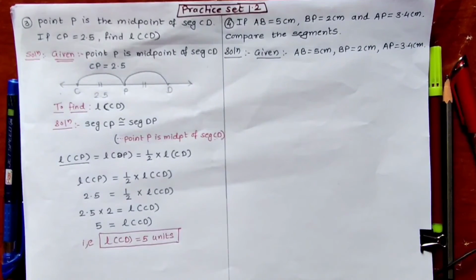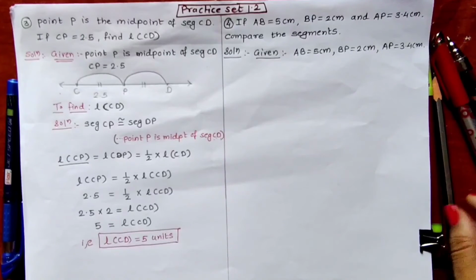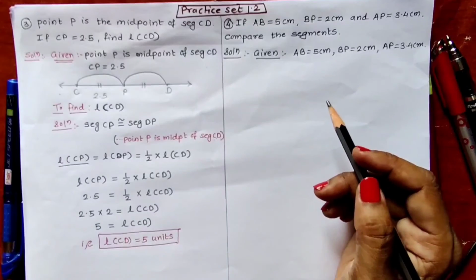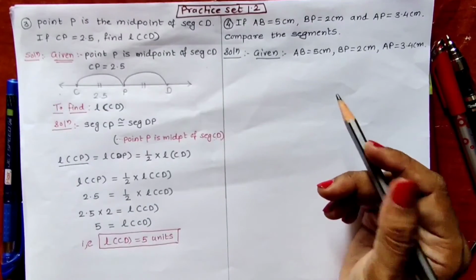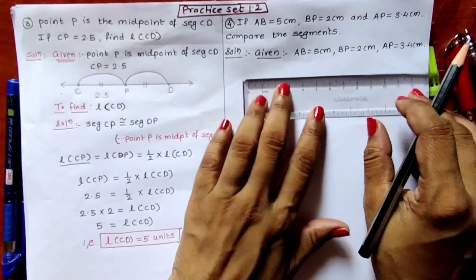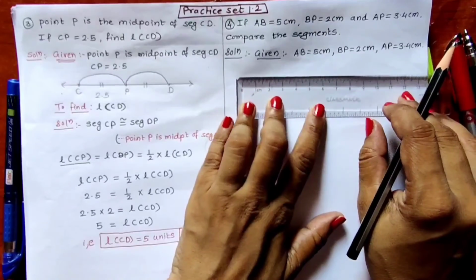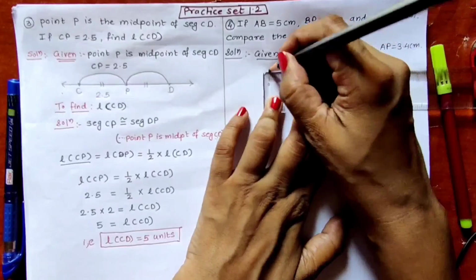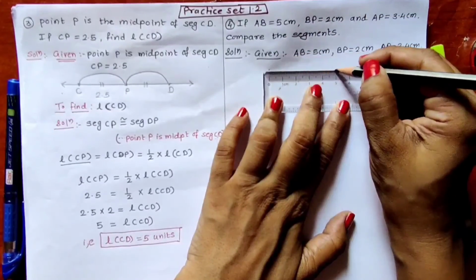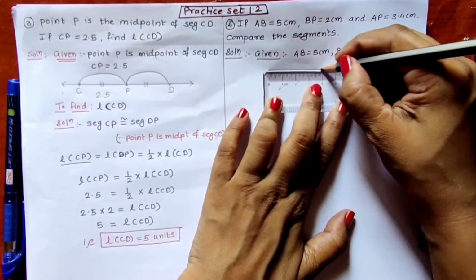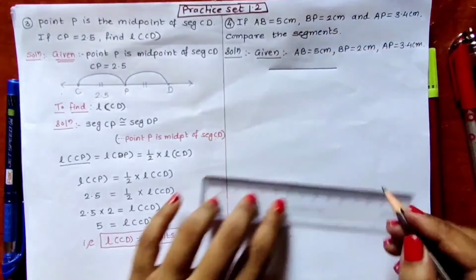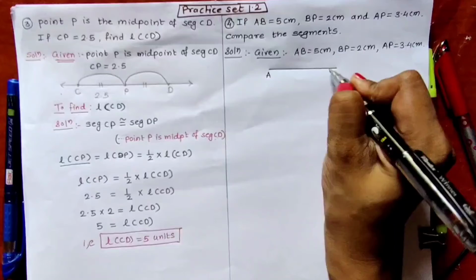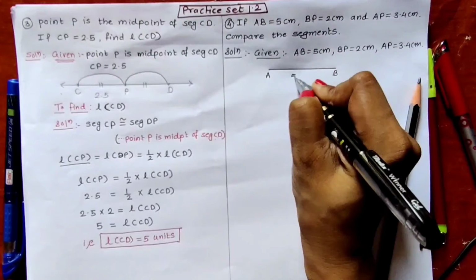Now let us draw the segments first. As AB is 5, it will be bigger. I will be using my scale to draw it. 5 cm segment, 0 till 5. This is my AB segment having length 5 centimeter.